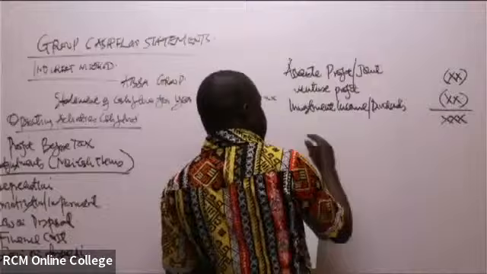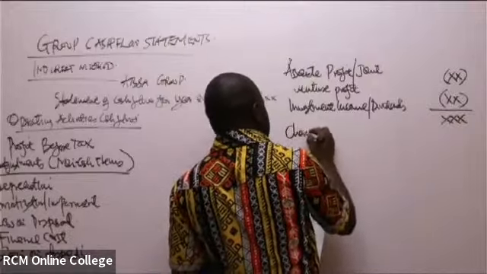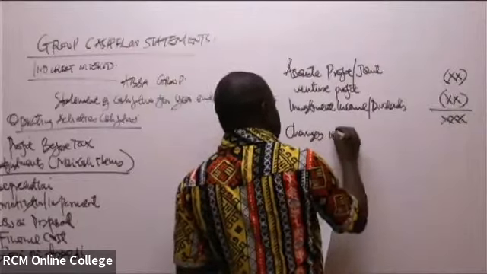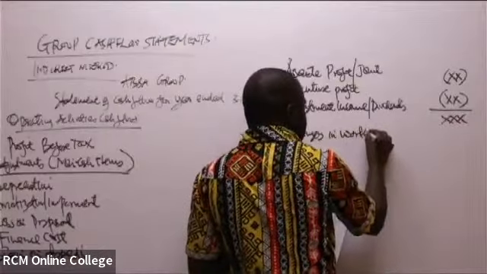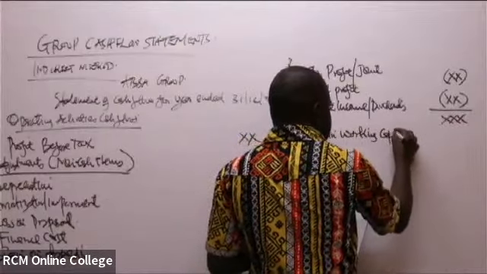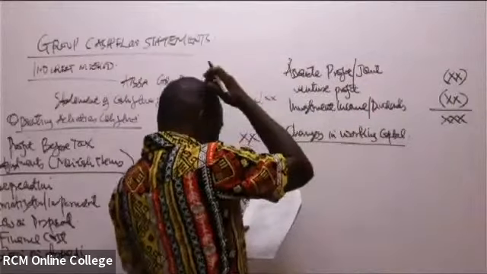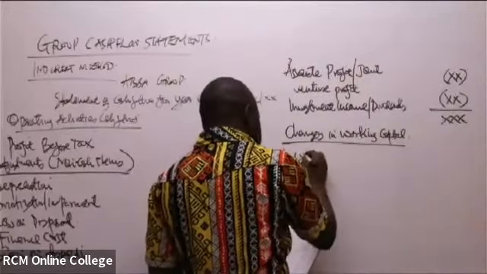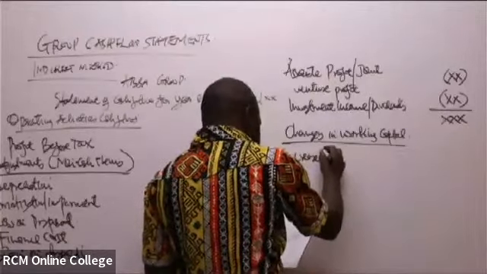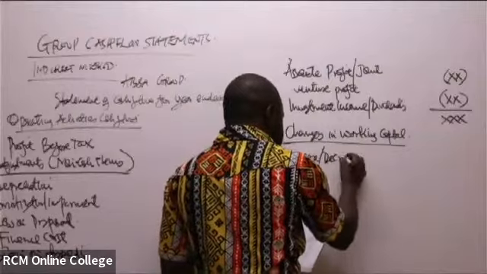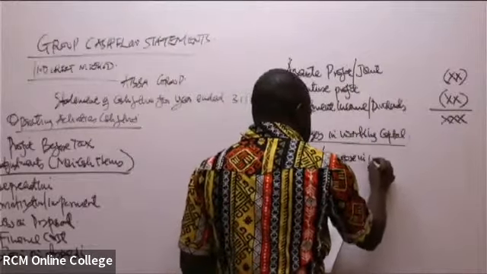So you'll be able to get the final figure from adjustments for non-cash items. Then you'll consider the changes in working capital. So increase or decrease in inventory.